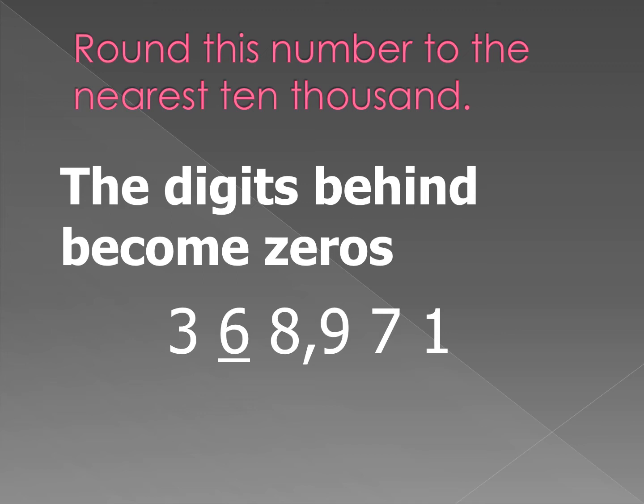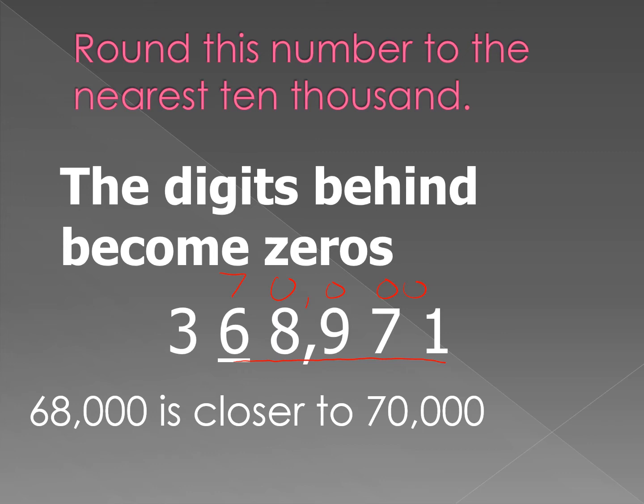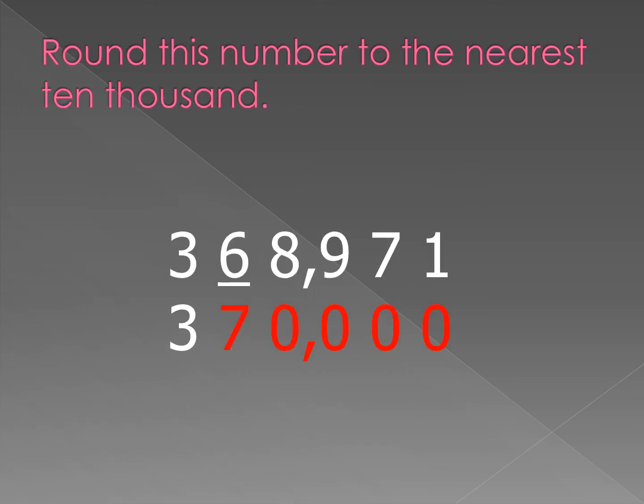So if I look at 368,971 and we decide that 68,971 is closer to 70,000, then, knowing that it's closer to 70,000, the number 368,971 rounds to 370,000 to the nearest 10,000. Really all we did was find the bookends and decide what whole number it is closer to. All right, and that's just a review of whole numbers.